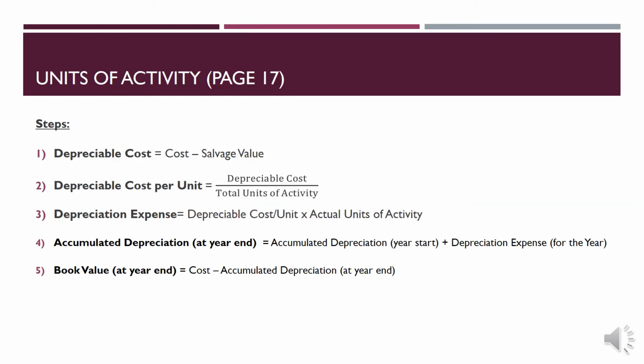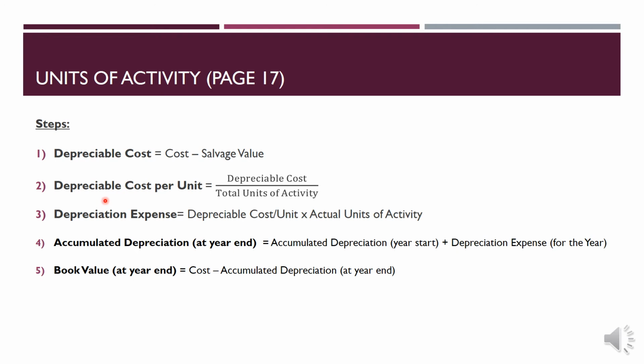The units of activity, which is another method, the explanation is found on page 17. The steps are very close to each other. First, we need to calculate the depreciable cost. Then we need to calculate something called the depreciable cost per unit, which is the depreciable cost divided by the total units of activity.